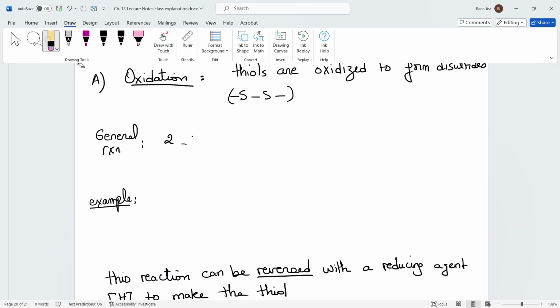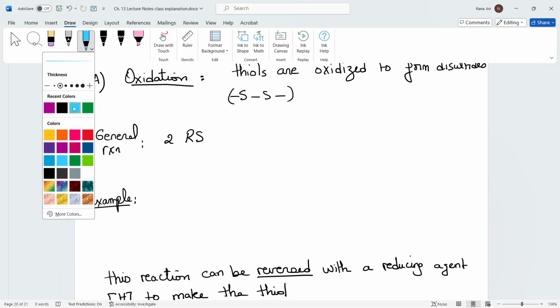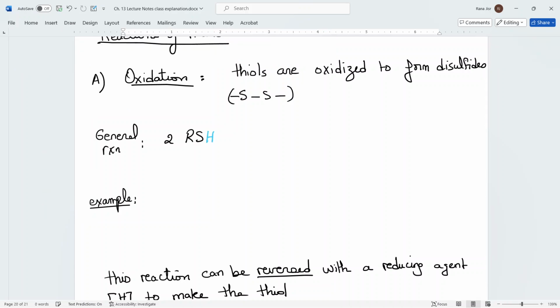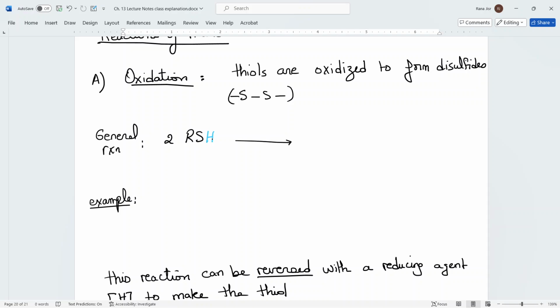Thiols end in SH, so it's the hydrogen that is going to be oxidized. Remember, oxidation means you either remove hydrogen or gain oxygens. This is the definition for oxidation.